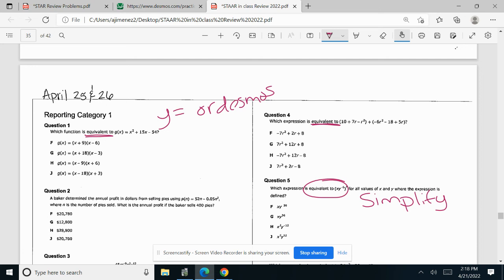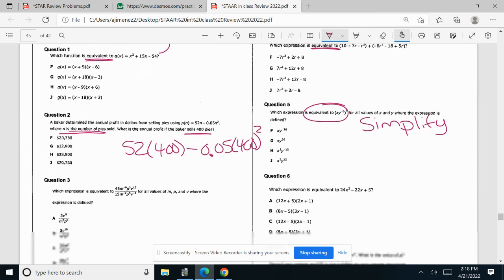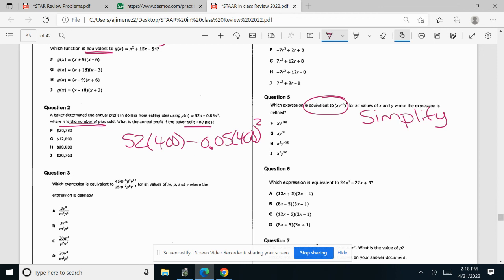This one, all you're gonna do is plug in, okay? Because the pie is what the letter N represents. So you're gonna do 52 times 400 minus 0.05 times 400 squared, okay? You're gonna type that into the calculator. This one, again, you're gonna simplify, okay?